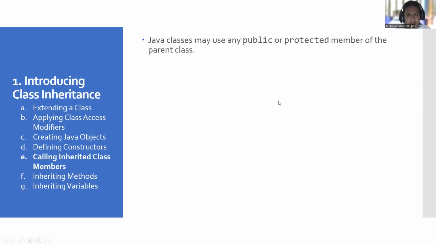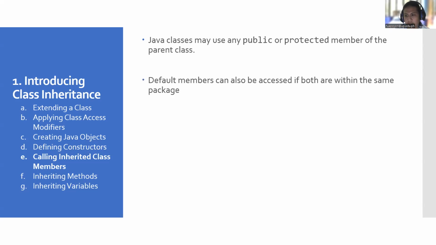Okay. Next, Java classes may use public or protected members of the parent class. I have said this earlier. Default members can also be accessed if both are within the same package. Your default access modifier, which is not putting any access modifier, is package private.